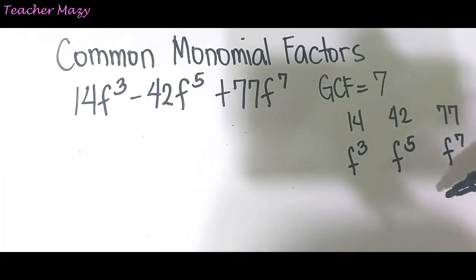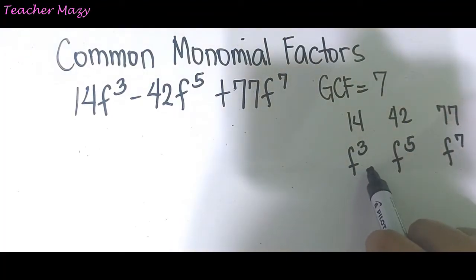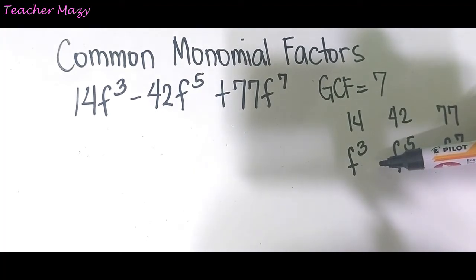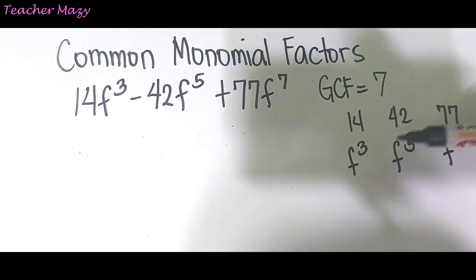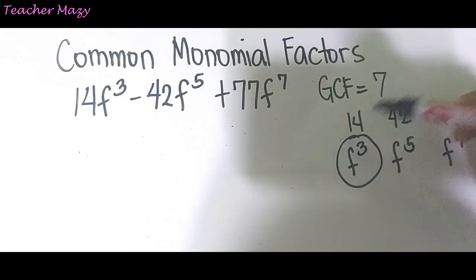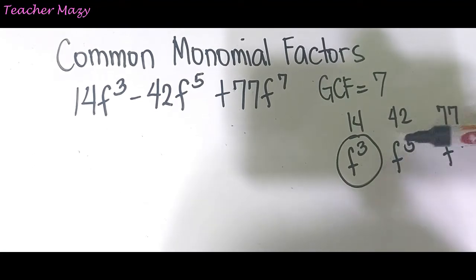All you have to do is look at the exponents: 3, 5, and 7. Look for the variable with the smallest or lowest exponent. Between 3, 5, and 7, f cubed has the smallest exponent, which is 3.